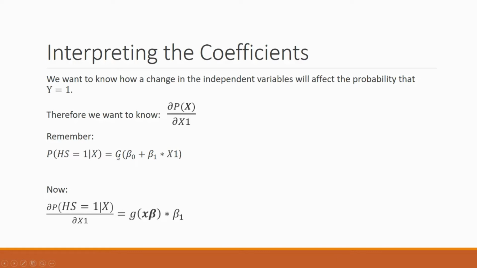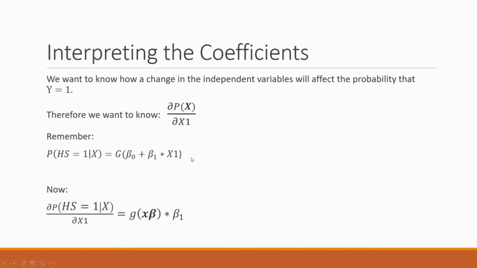And so let's take the derivative of the probability with respect to x1. We want to know how a change in x1 affects the probability that the dependent variable will be equal to 1.